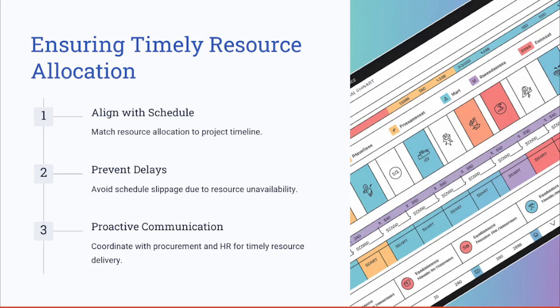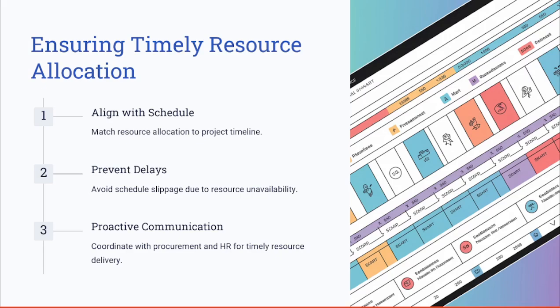Ensuring timely resource allocation. Timely resource allocation is critical during the execution to avoid delays, and it should align with the project schedule. As you know, delays in resource availability can lead to schedule delays, or you may need to hire a new employee, and that will cause cost overruns.